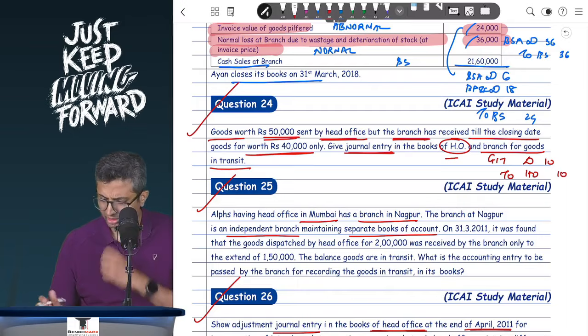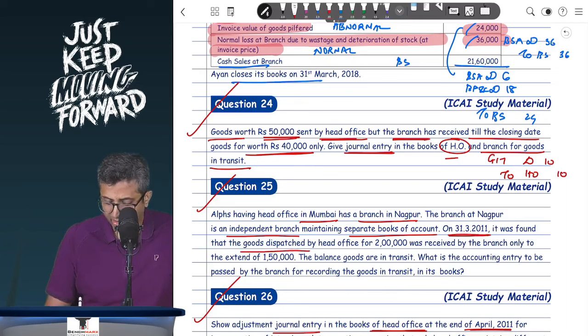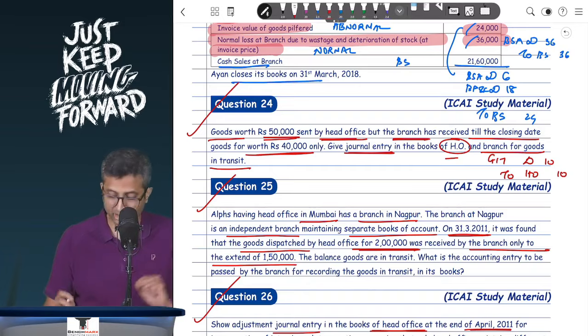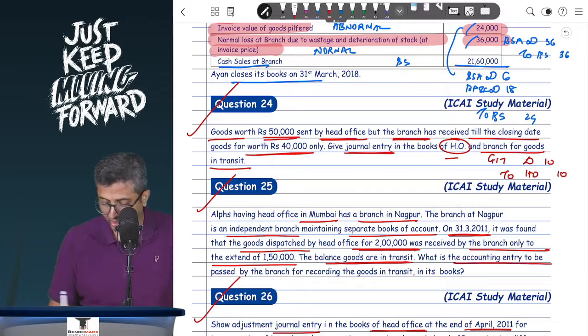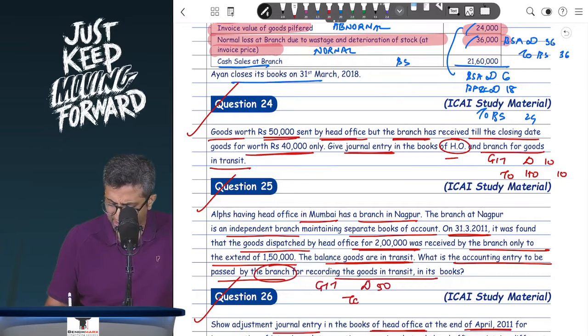On 31st March, it was found that goods dispatched by the head office worth 2 lakhs were received by the branch only to the extent of 1,50,000, which means 50,000 are yet to be received. The balance goods are in transit. What is the accounting entry to be passed by the branch for goods in transit? Same entry, goods in transit account debit, this time 50,000 to the head office.